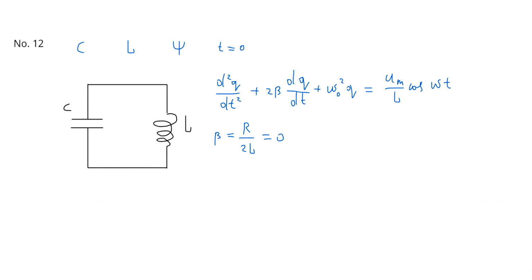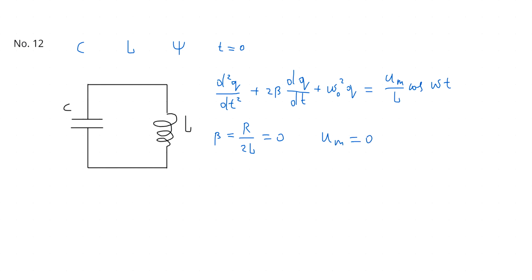We also don't have a generator, we don't have a source of electromotive force, so it means that Um is also equal to 0.